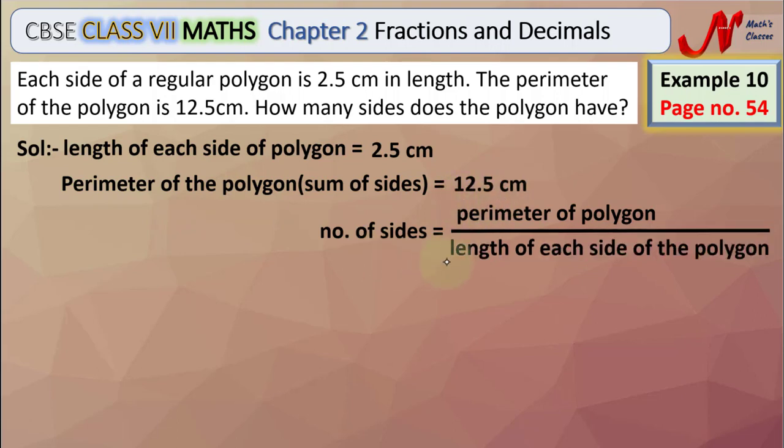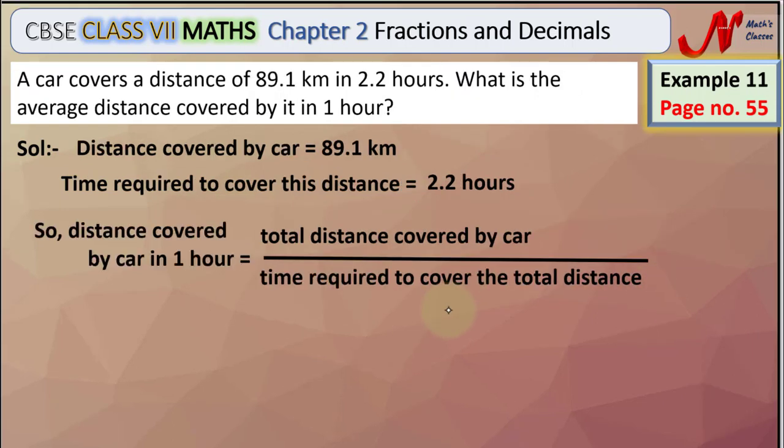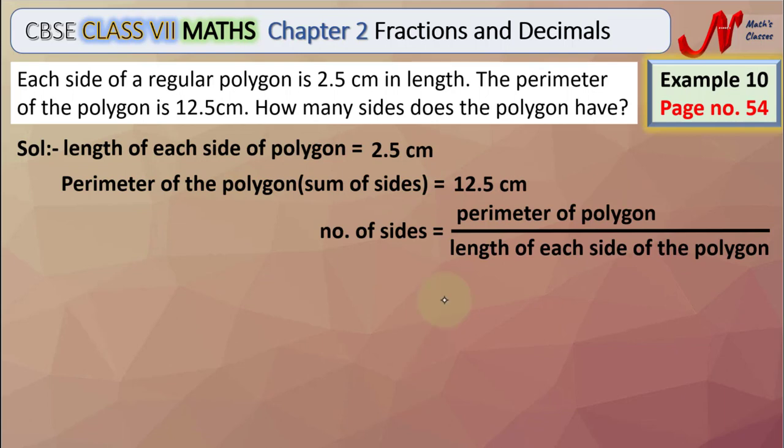Therefore, the number of sides is equal to the perimeter of the polygon divided by the length of each side. From the problem we can write, 12.5 centimeters divided by 2.5 centimeters. By the shortcut way, we shift the decimal point one place to the right, and in the numerator also we shift the decimal point one place to the right.